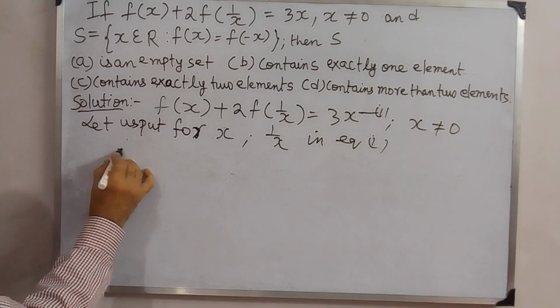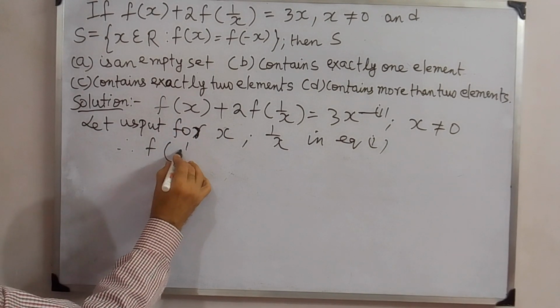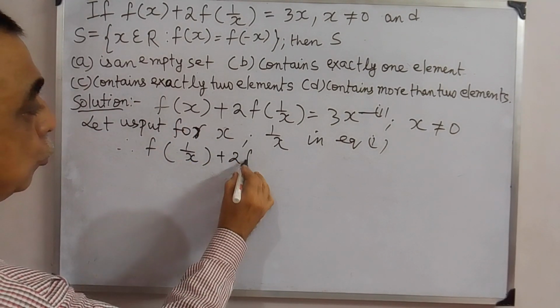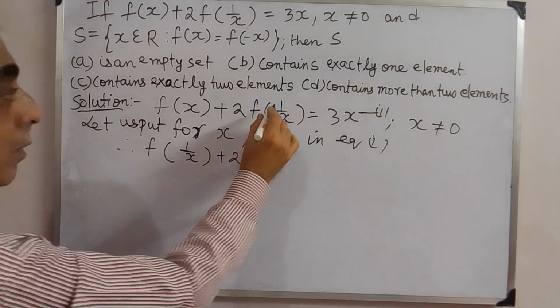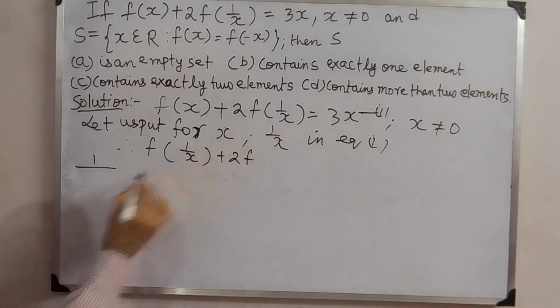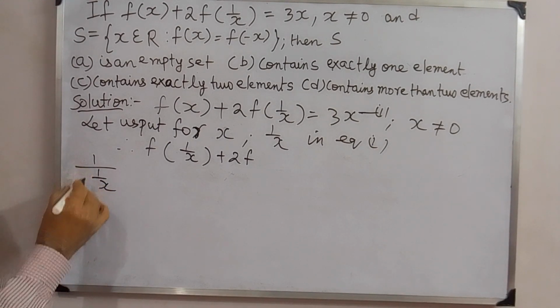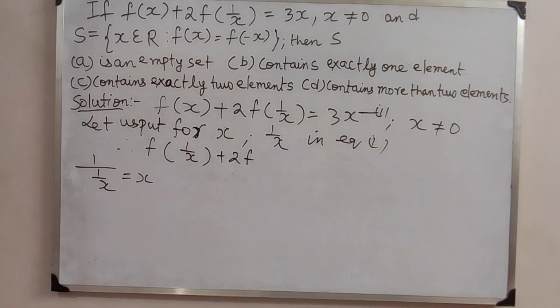So what will we have? In place of x it will become 1/x, plus 2f, and here for x I am putting 1/x, so 1 upon 1/x will become x.